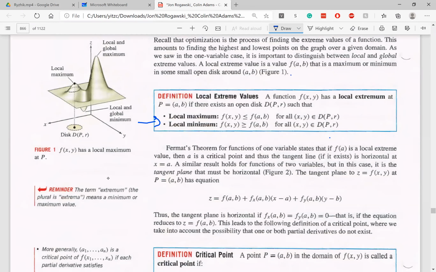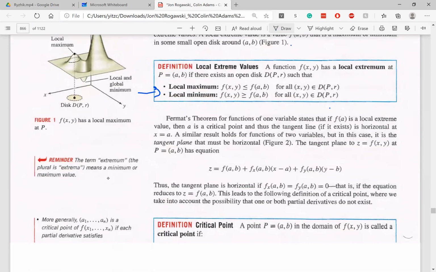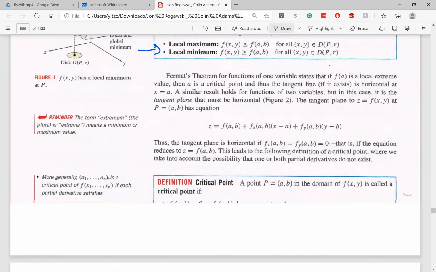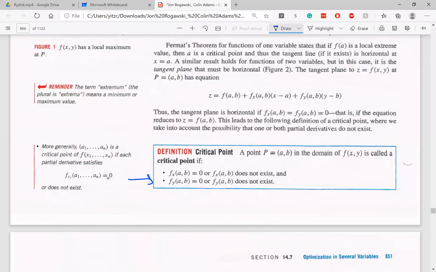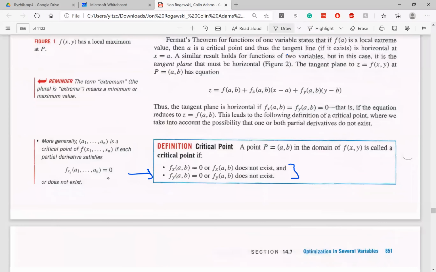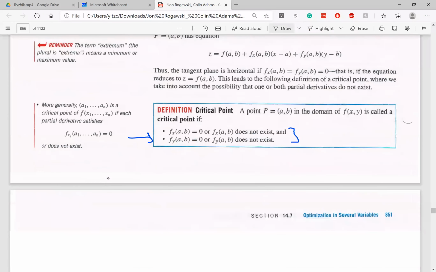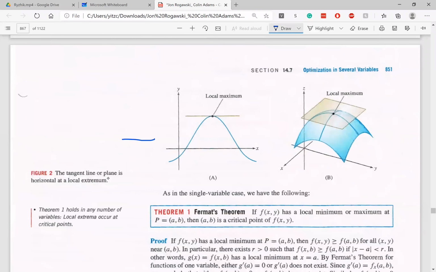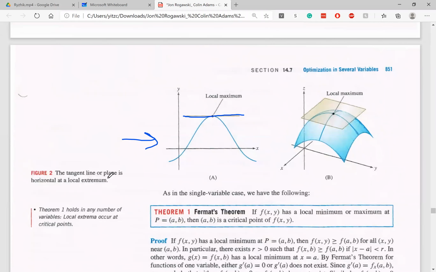And like I said, in order to have a critical point, you need that the partial with respect to x is going to be 0, the partial with respect to y is going to be 0, or they don't exist, but we're not going to focus on that case. So the same way for 1 dimension, we have the local maximum, the slope of the line will be 0. Over here, the slope of the tangent plane in both directions will be 0, and that's how we are going to find critical points.